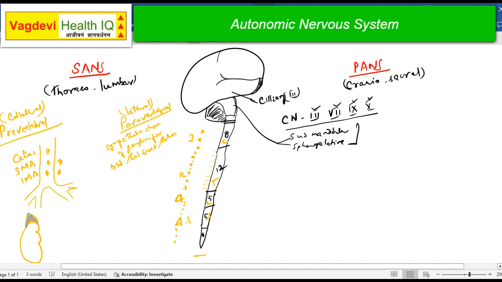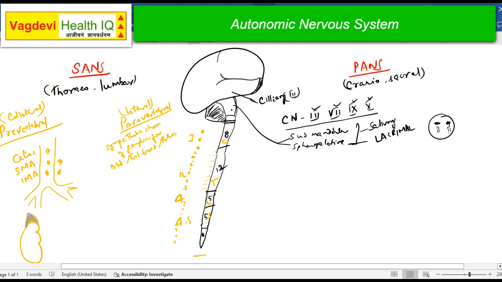Sphenopalatine is for what? Lacrimal. What is lacrimal? Being sad, and then tears come out. And submandibular is basically salivary. Okay, salivary.